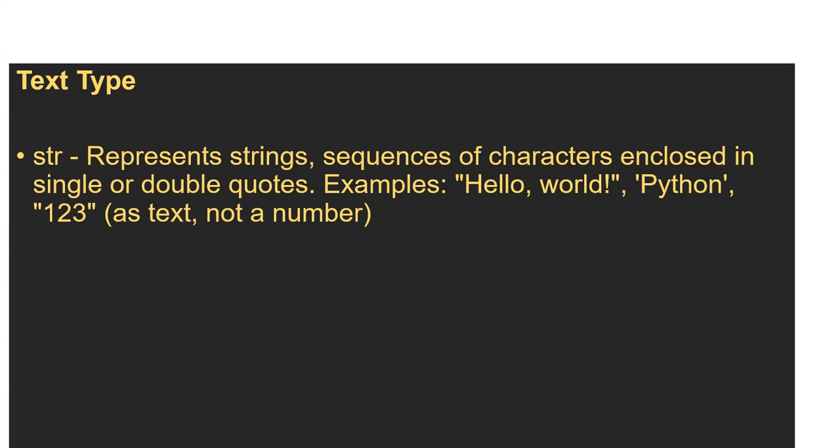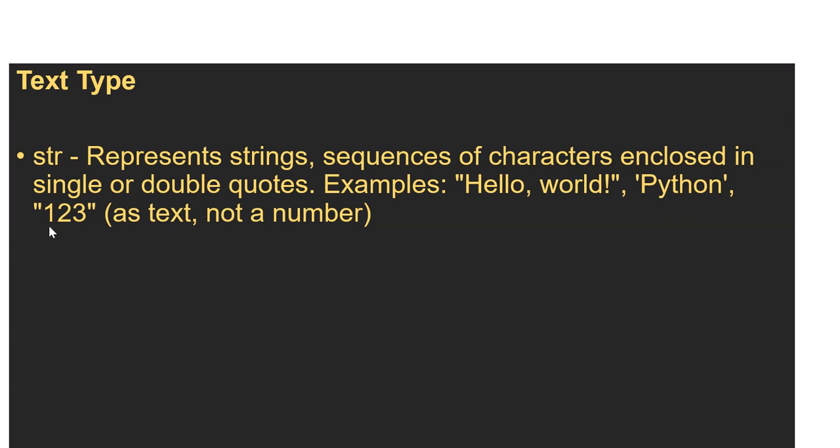Good. An example is "hello world". You can see it is in double quotes. "Python" is in single quotes. We are saying that this is a sequence of characters. P is a character, Y is a character, T is a character, and then H is another character. So this is a sequence of characters, and it is enclosed in either single quotes or double quotes. Then we have 1, 2, 3 enclosed in double quotes.